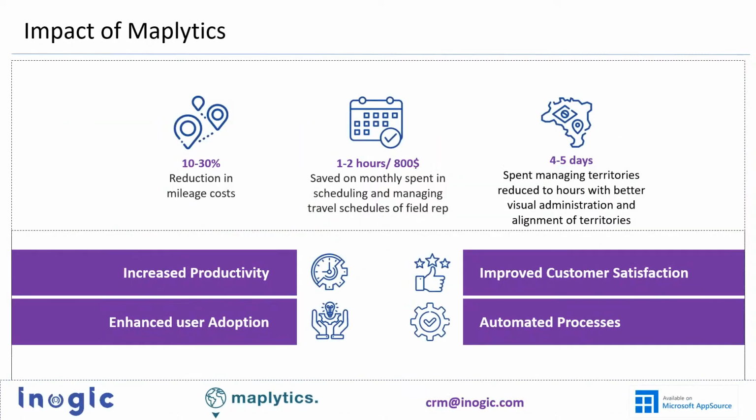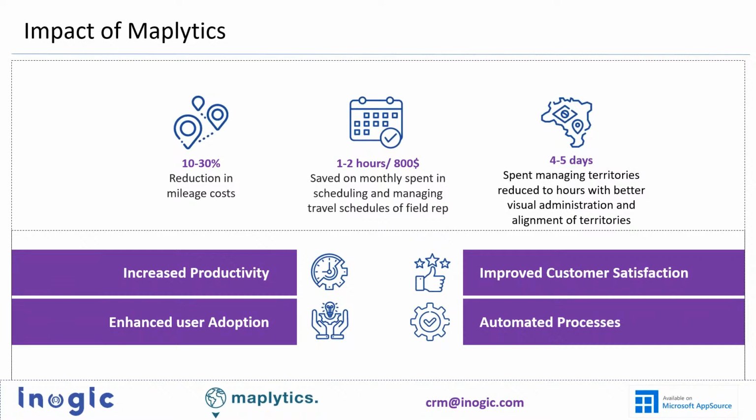Before we start with the overview of the features to be covered today, let's see a few examples based on the impact of Maplytics on the business. So with Maplytics in use, organizations are able to reduce mileage cost by 10 to 30%. And we all know how valuable it is to save fuel and time when the price is going up.